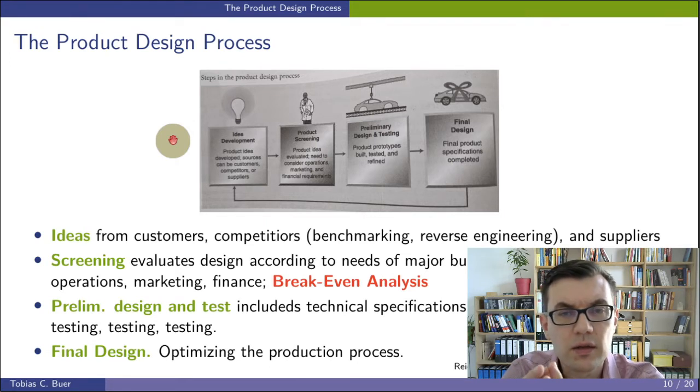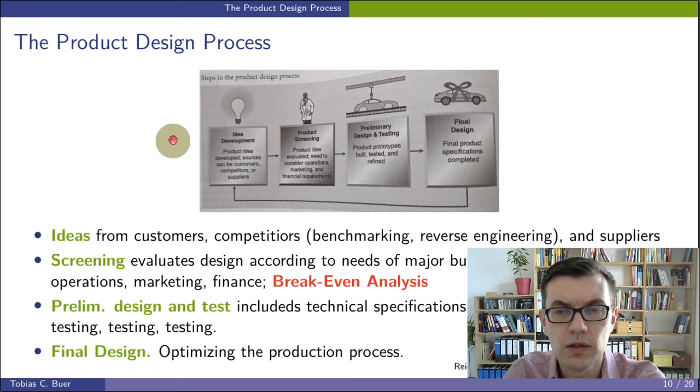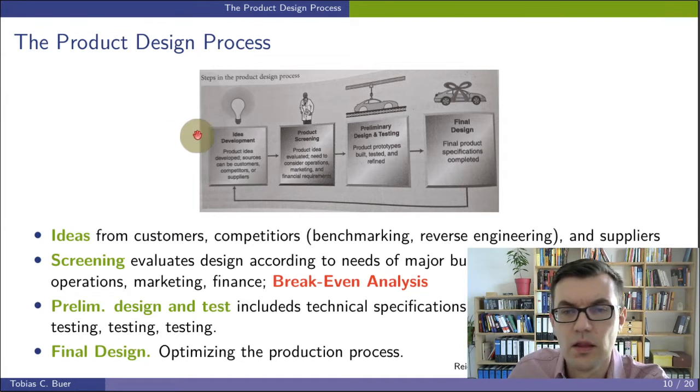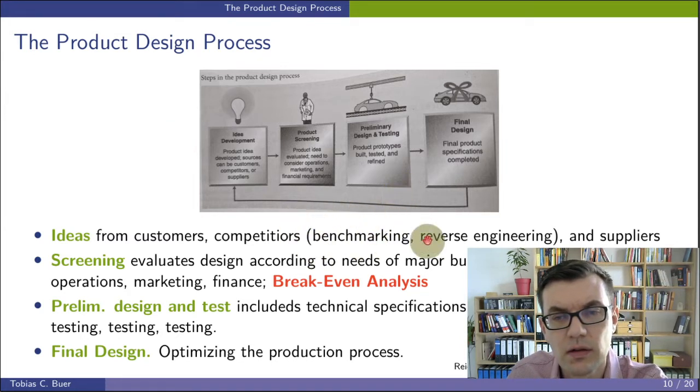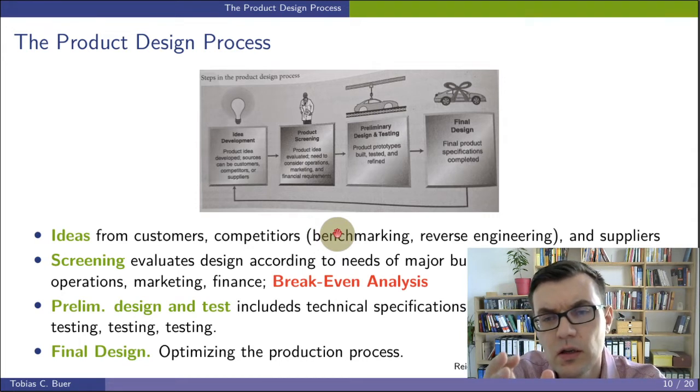The product ideas can also come from our competitors. Something is happening in the market and we react to this. There are two approaches. The first one is called benchmarking. So we look at what's going on at other companies in the market.